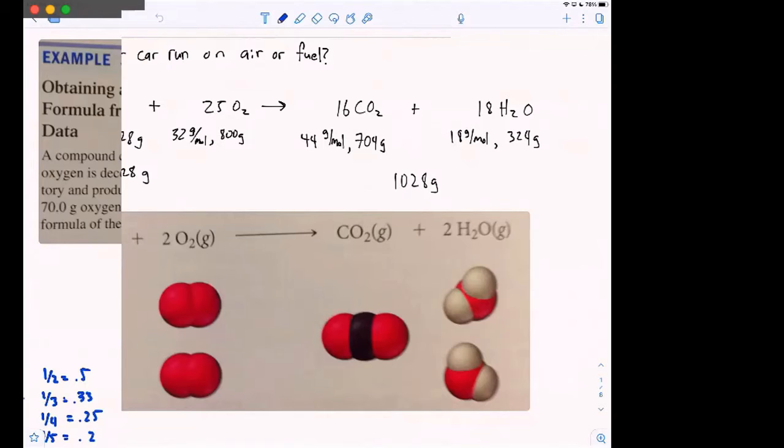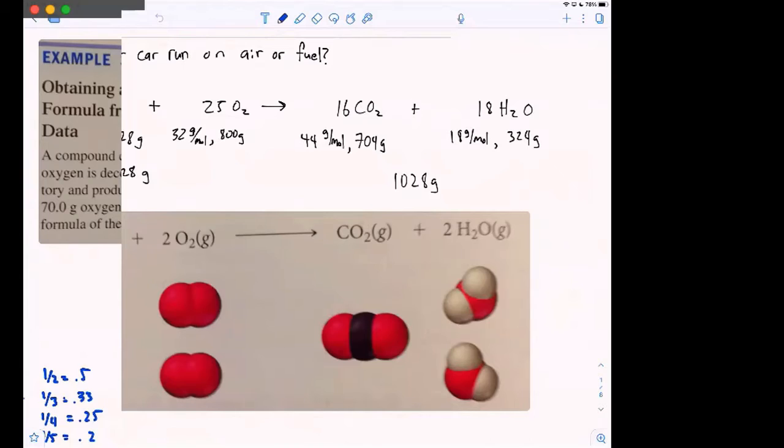But chemical reactions tell you a bit more than a recipe, right? A recipe just tells you, like making pancakes, a simple one, I think it's like 2 cups of flour, 1 cup of milk, an egg, and either salt and baking soda or something like that. And you mix it together and then you make pancakes. But instead of using volumes of things, we have specific compounds and elements in the case of oxygen.